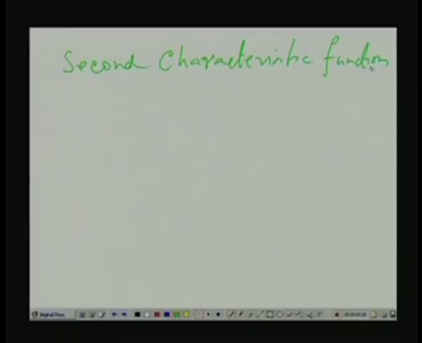Okay. So, instead of phi omega we take ln of phi omega, or instead of phi underscore s we take ln of phi underscore s. Both are second characteristic functions. Okay. So, the second characteristic function psi omega is nothing but ln phi omega.